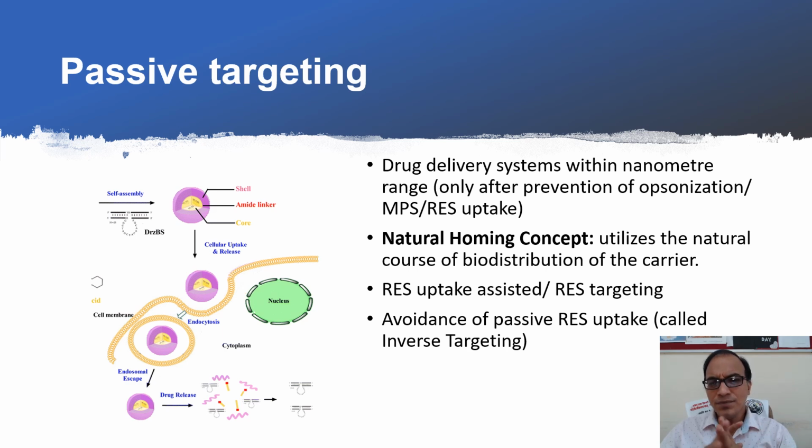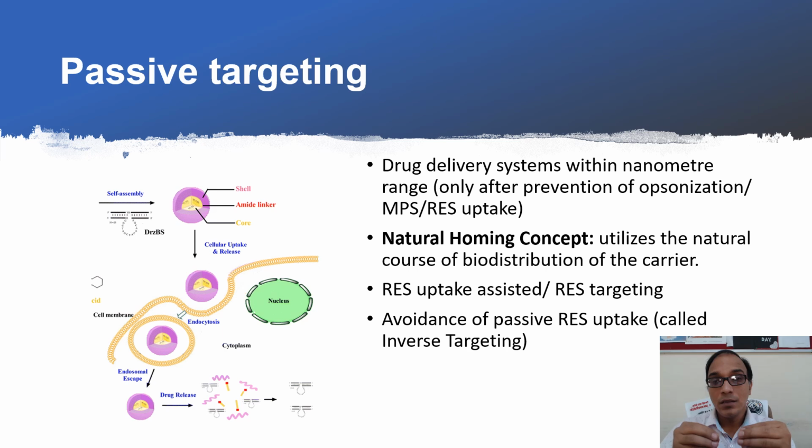Drug delivery systems in the nanometer range work only after prevention of opsonization or MPS or RES uptake. Natural homing concept is another thing. You can say either way that we can utilize the natural course of biodistribution of the carrier.